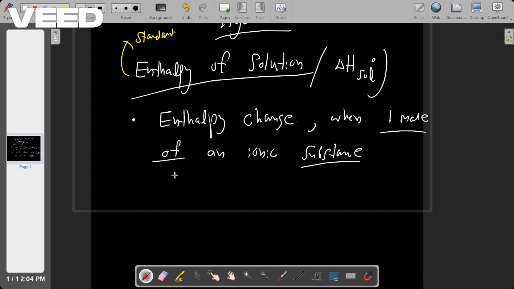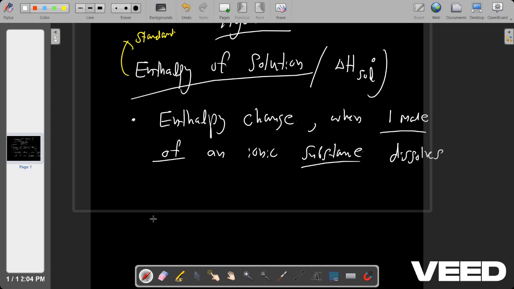Enthalpy change when one mole of an ionic substance dissolves, right? But the next one is more important. In sufficient water, remember, right? Sometimes if you add only a drop of water to one mole of this ionic solid, will it get dissolved?